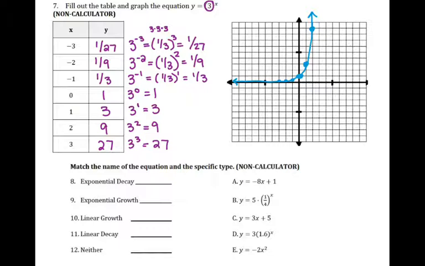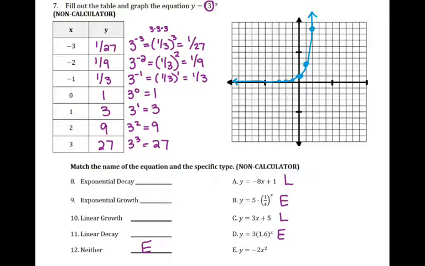So I'm going to go ahead and label letter A as linear. Letter B has x as an exponent, so that's exponential. Letter C is also linear because it's in slope-intercept form. Letter D is exponential because I have x as an exponent. And letter E, that's an x squared. That's a quadratic. So letter E is going to be our neither.